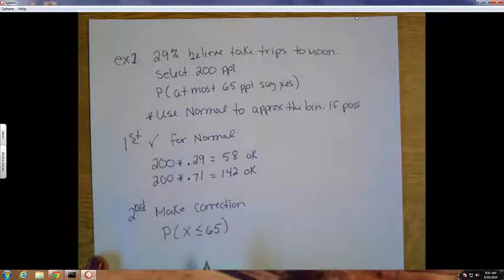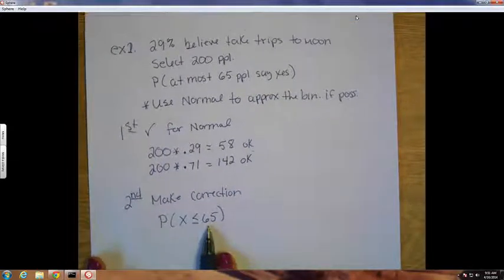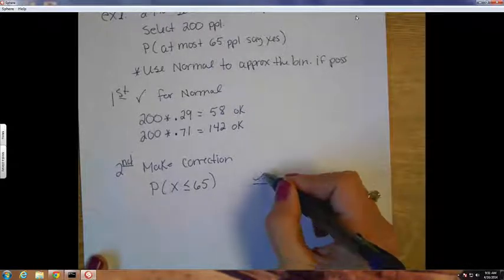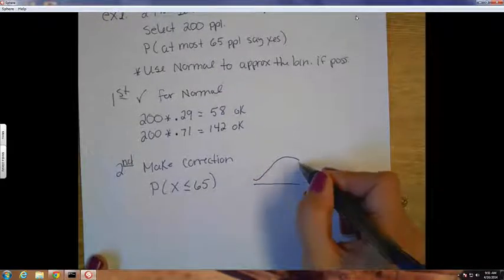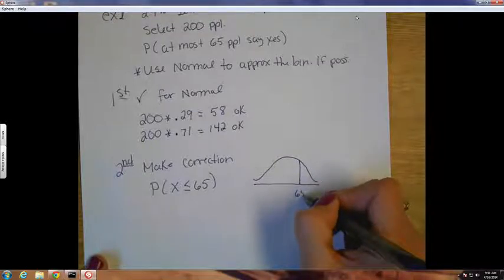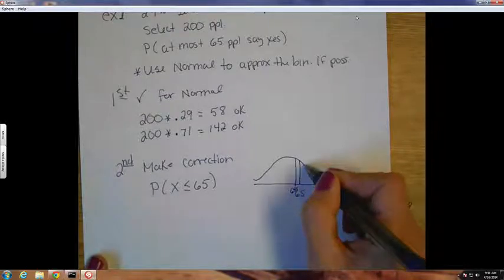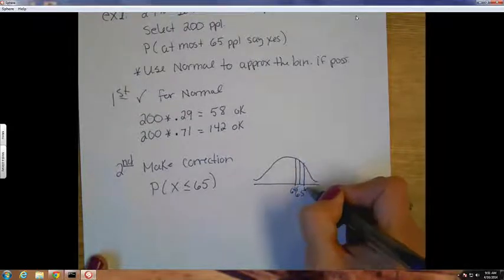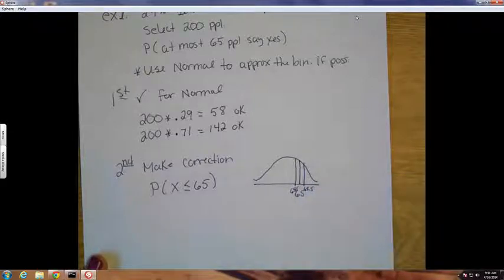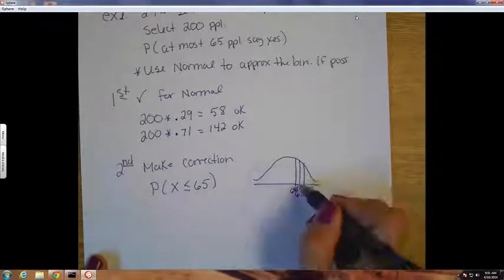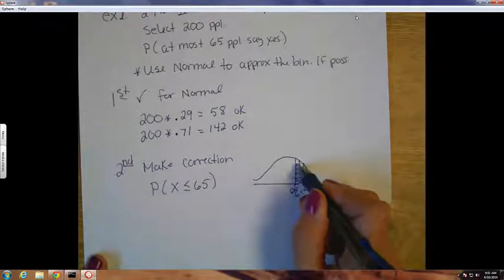Now the 65 has to get corrected. If you want to make the graph, you can. Here's my 65. Here's my 64.5. Here's my 65.5. Okay, am I shading the bar in? All of the bar is going to get shaded in because it's equal to 65. So all of these numbers equal 65. And then I want less than.